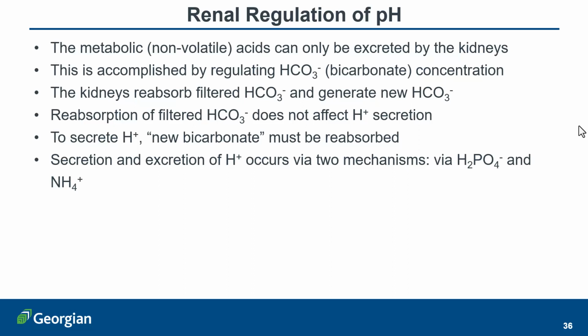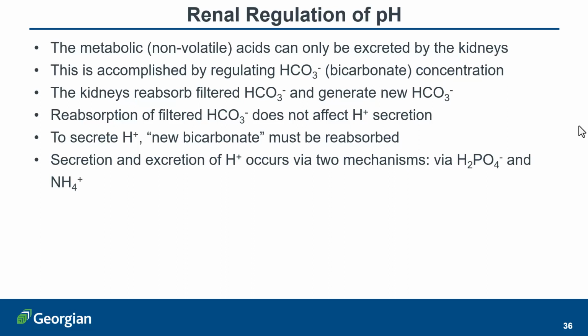Therefore, the kidneys have to reabsorb all the filtered bicarbonate, which we haven't discussed before, as well as generate new bicarbonate. It is important to note that the reabsorption of filtered bicarbonate does not affect proton secretion, acid secretion. To secrete acid, the metabolic acids, new bicarbonate must be generated. This might all sound confusing, but when we look at it in diagrammatic form, it'll hopefully become a lot clearer.